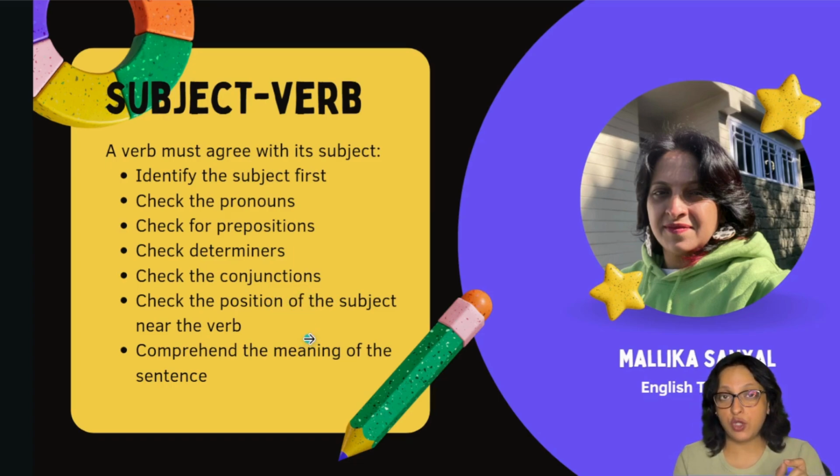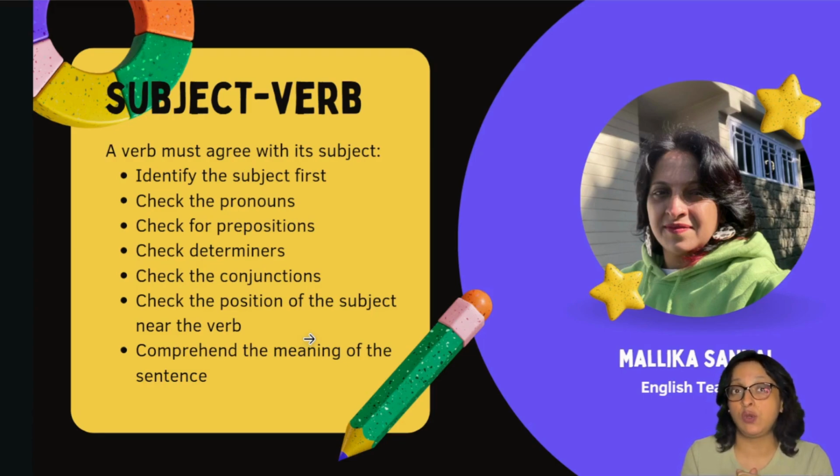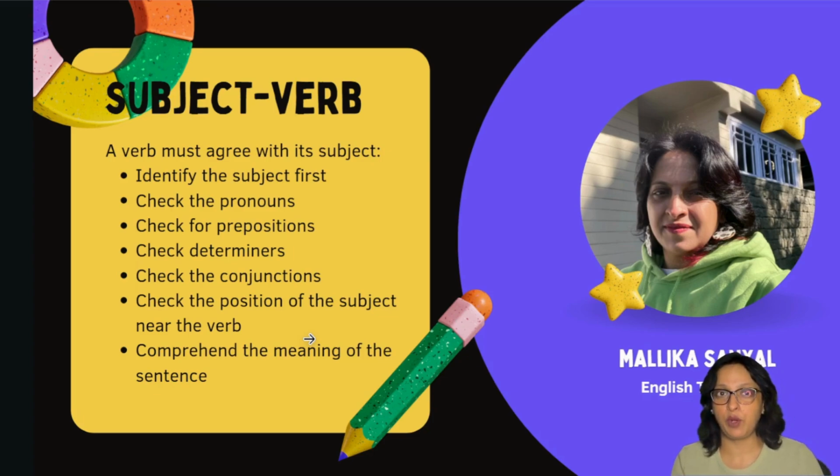Next, we also have to check the position of the subject near the verb. If there are two subjects, we have to check the position of the subject which is near the verb, because there is a very important thing which we need to keep in mind. I'm not getting into that right now. As we move on with this class, you will come to know about everything. Don't worry. Another very important thing: we must comprehend the meaning of the sentence.